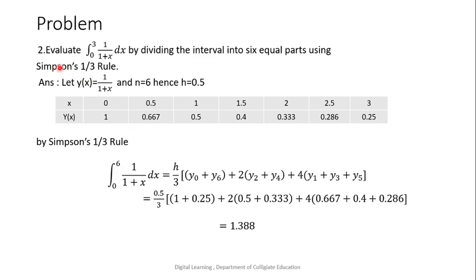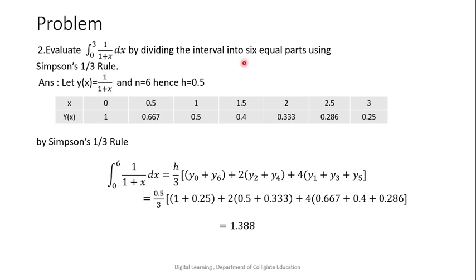Now consider another problem. Evaluate the integral from 0 to 3 of 1 by 1 plus x into dx, dividing the interval into 6 equal parts using Simpson 1/3 rule. Let us consider y as the integrand, that is 1 by 1 plus x.